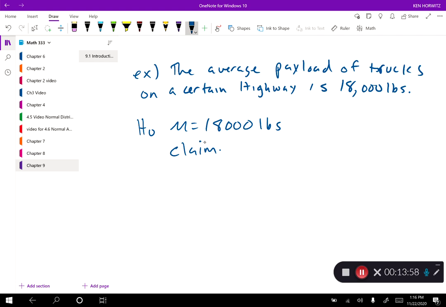So, for example, OJ was not guilty based on the evidence. He could have done it, but based on the evidence that was given, they could not make him guilty. So you're either rejecting the null or not rejecting the null. You are never accepting.